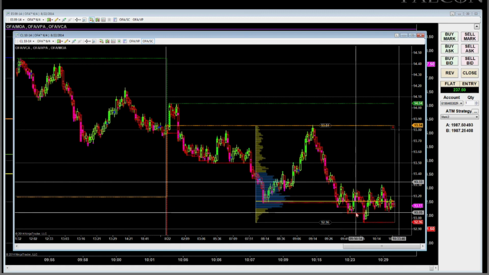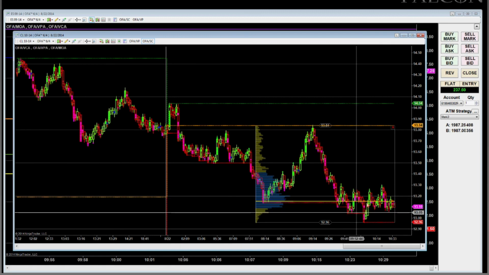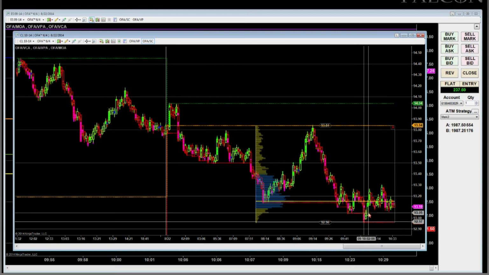If price starts getting back below this level, we saw a buyer step in here, we saw a buyer step in here. There was a little bit of a slip right there.